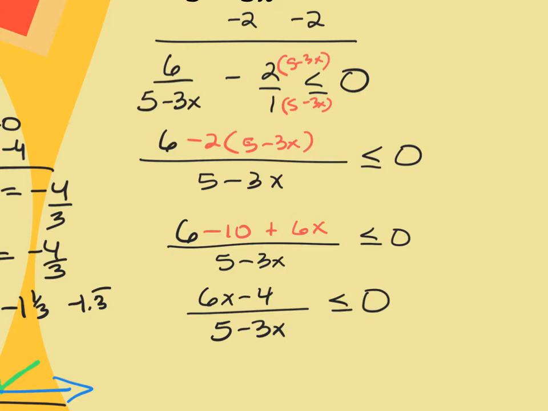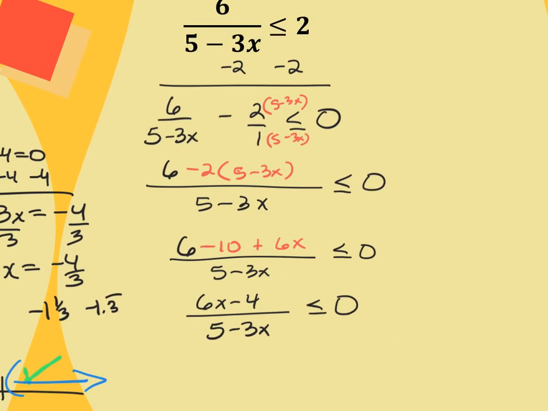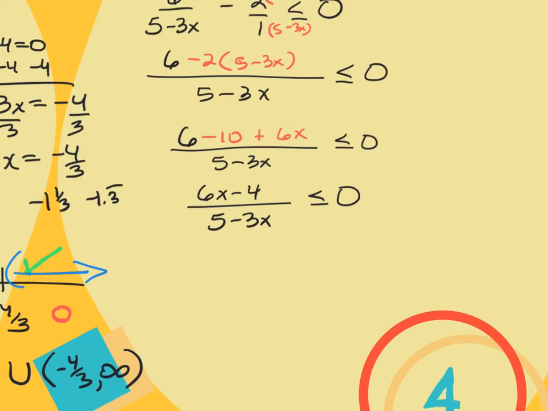So now what I can do is set the numerator equal to 0 and the denominator. Let's see, I got room here. Okay, so 6x minus 4 equals 0, and 5 minus 3x equals 0.